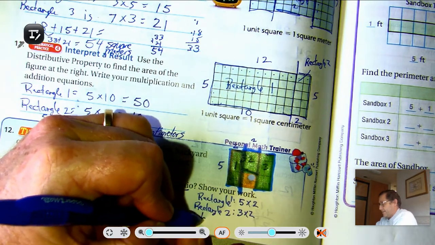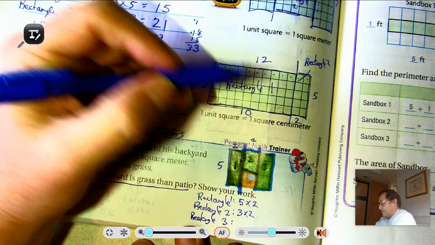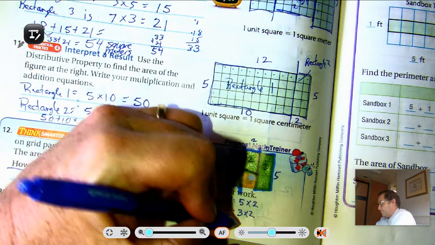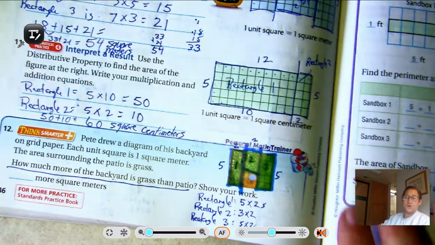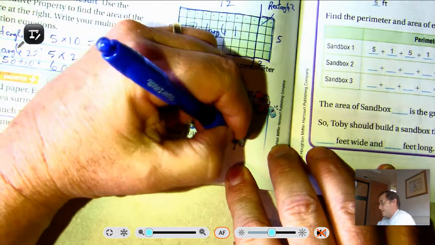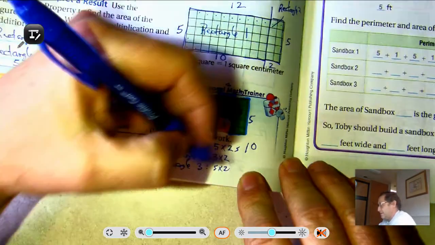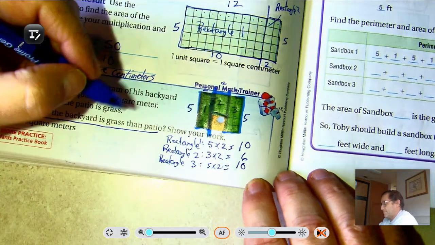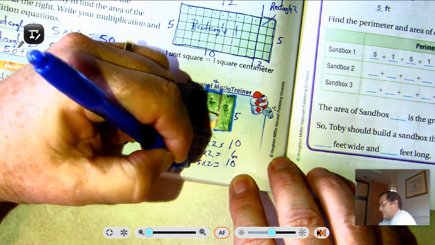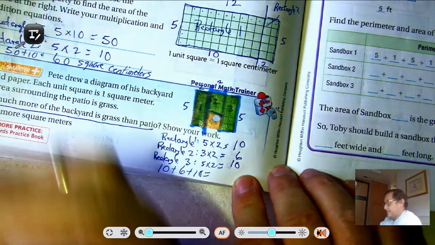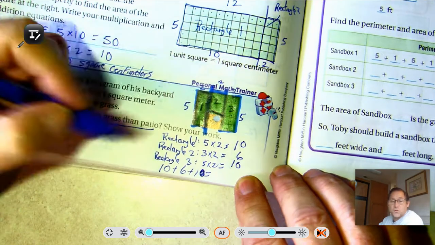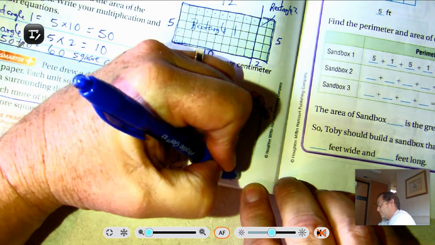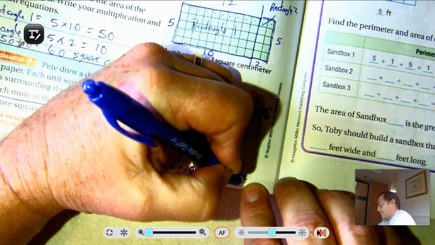And rectangle 3 is the same as rectangle 1. 5 by 2. All right, so rectangle 1 has a square area of 10. 10 square meters. 3 times 2 is 6. And 5 times 2 is 10. So we're going to go 10 plus 6 plus 10. 10 plus 10 is 20. 20 plus 6 is 26. So the grass is 26 square meters.